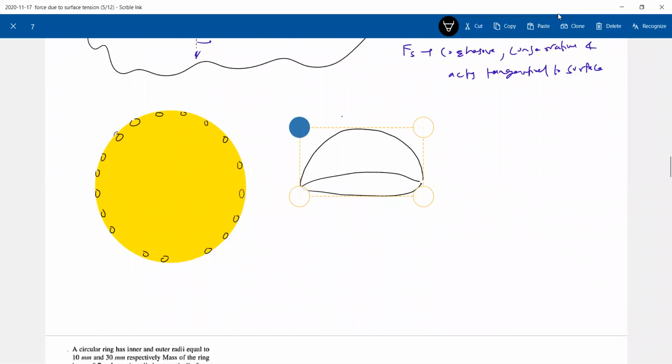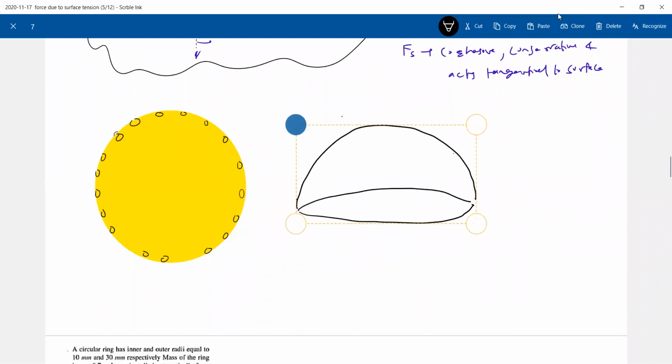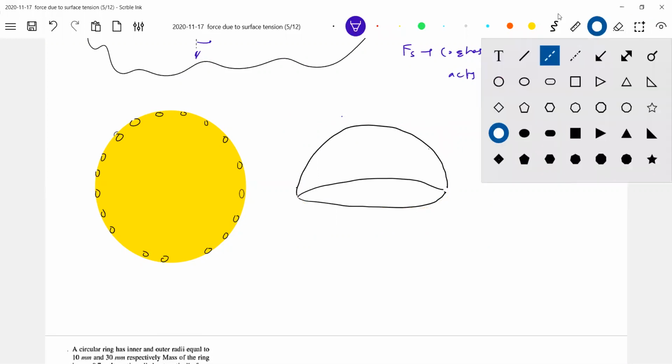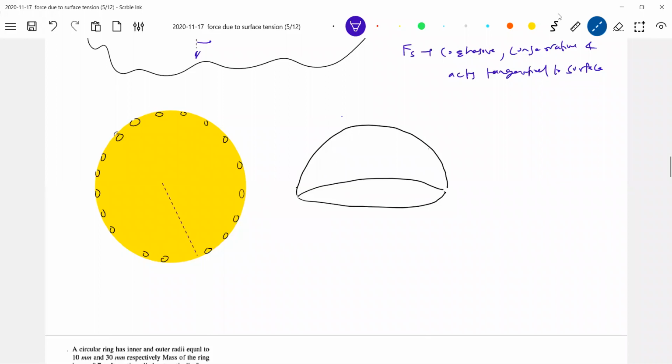Now what is this? This is half of the hemisphere, exactly half, with a radius r. Now you tell me how the force should act here. It should act tangentially, like this.